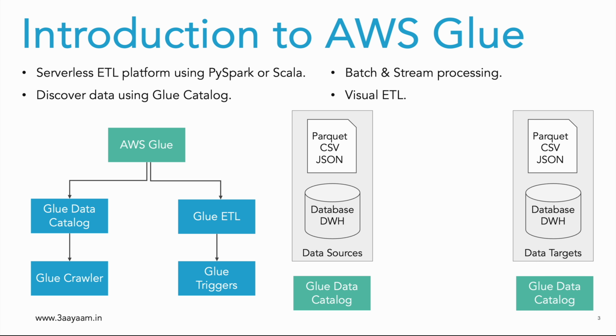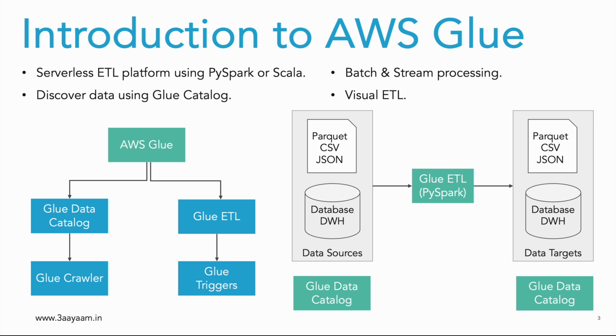Then we have data targets. Data targets would be similar to data sources, and the information of data targets is also stored in the Glue Data Catalog. And in between, you have Glue ETL, where we run PySpark or Scala code to execute the transformations that we want to do in Glue. It reads the data from data sources, does the transformation, and writes it to the data targets.